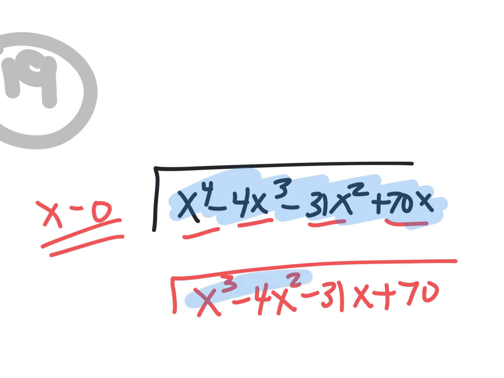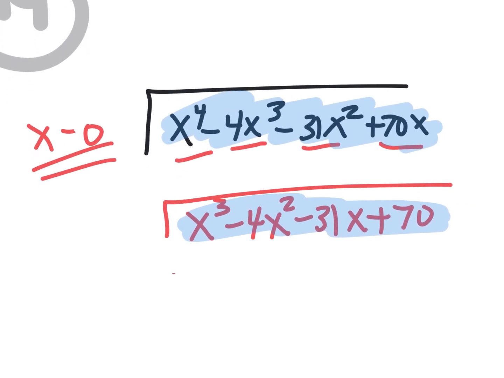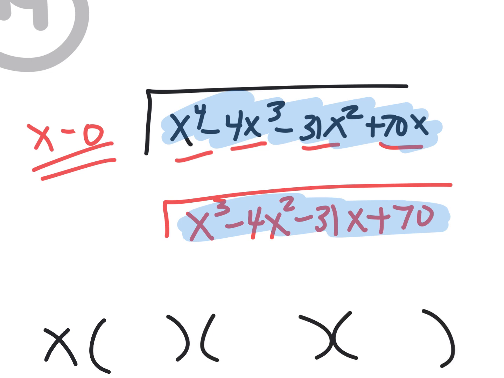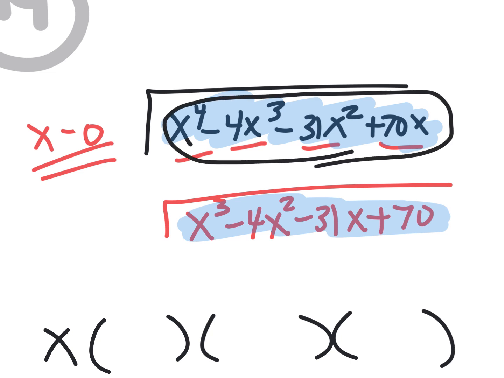And when you factor that, you got this. Now, one more thing, this is important. That x we just factored out, we need to bring that down and put it in our final answer, because our final answer is going to look like this. It's going to have a whole bunch of factors, because when we're done factoring this thing right here, it's going to have all these factors, and x is one of them.